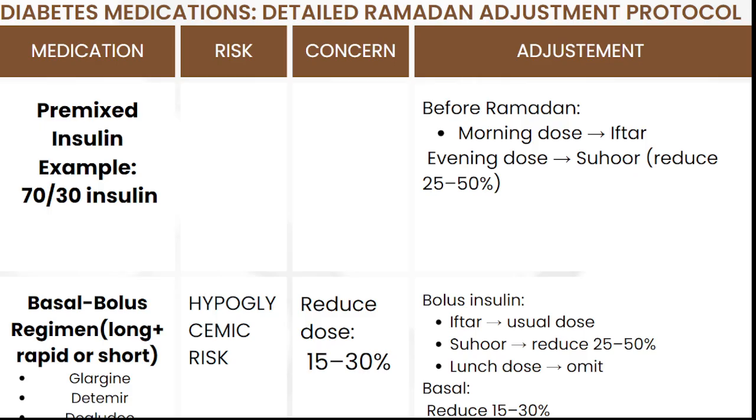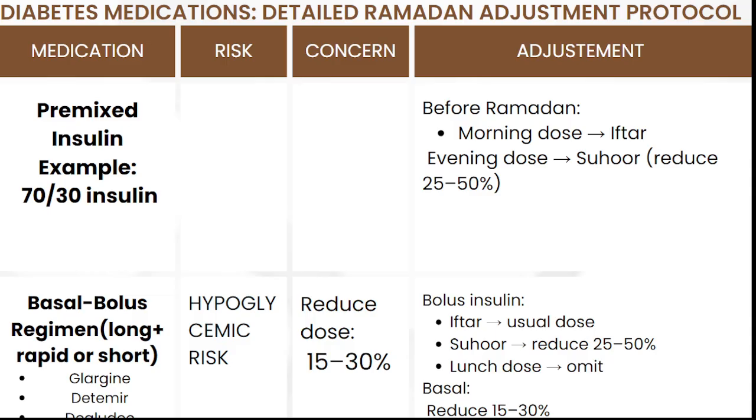And the bolus insulin, either short-acting like neutral insulin, or rapid-acting like Actrapid, I will take with a meal like iftar. I will take the usual dose, and at suhoor I will reduce the dose of bolus insulin by 25 to 50% according to the patient condition.